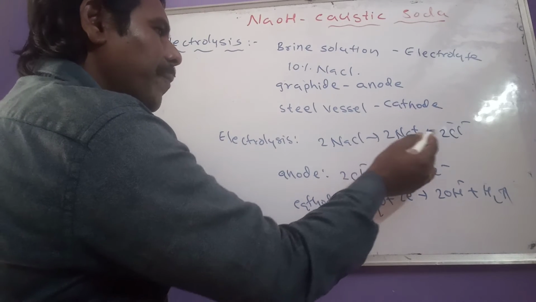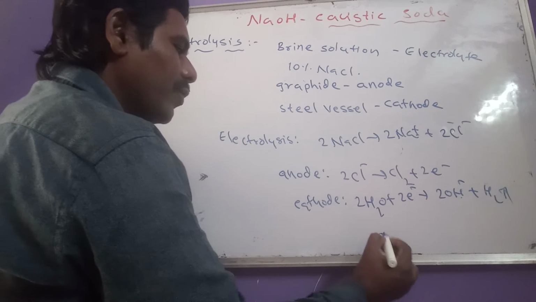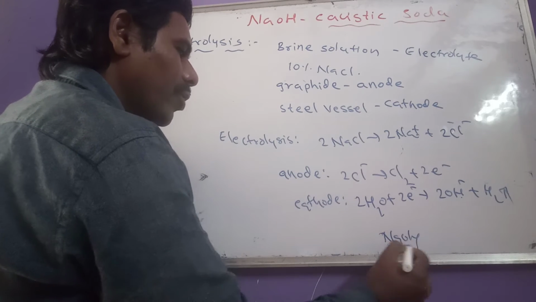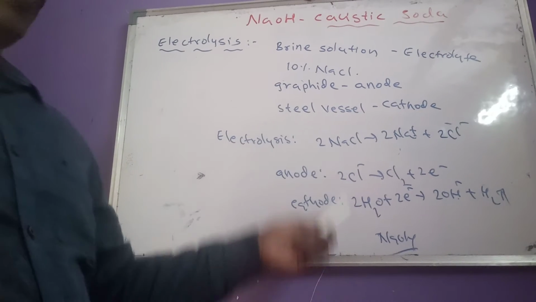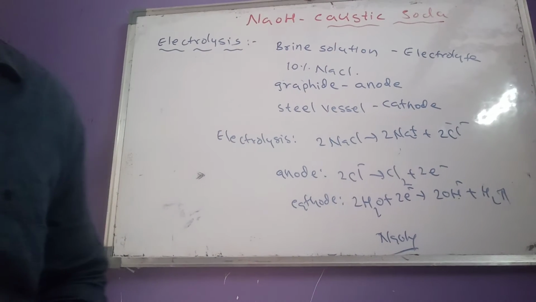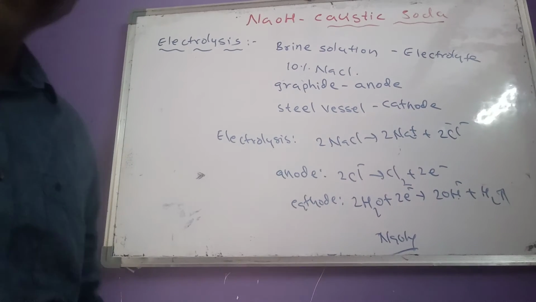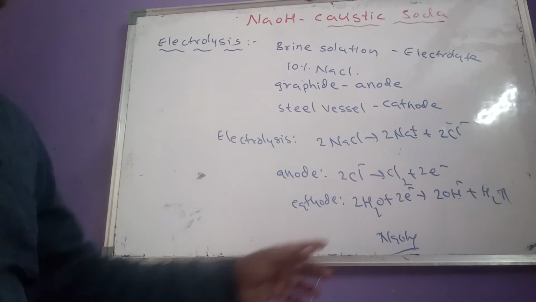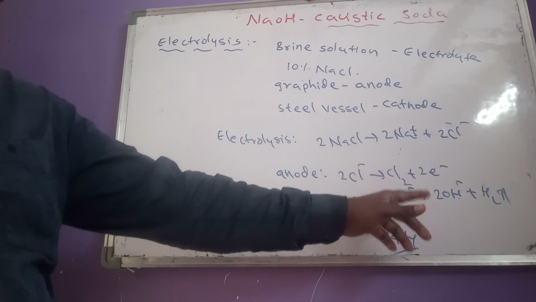The Na+ formed in this electrolysis and the OH- formed here combine to give NaOH. Like this we can prepare NaOH by the electrolysis method.